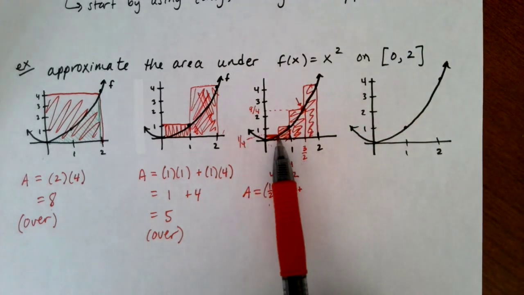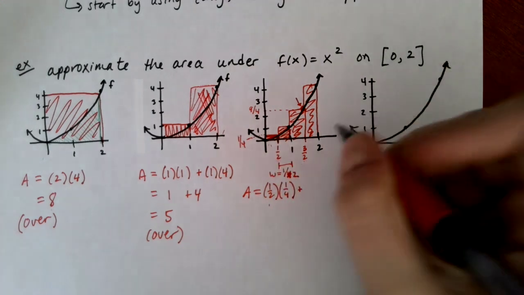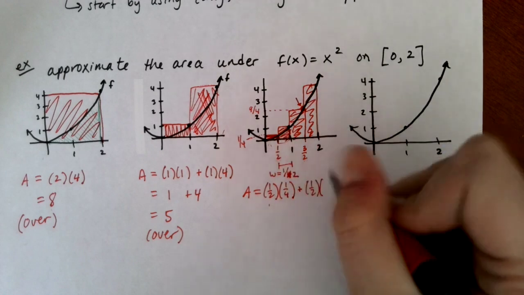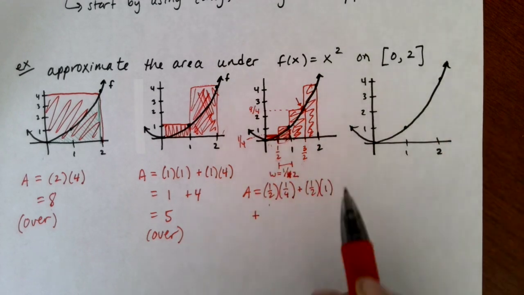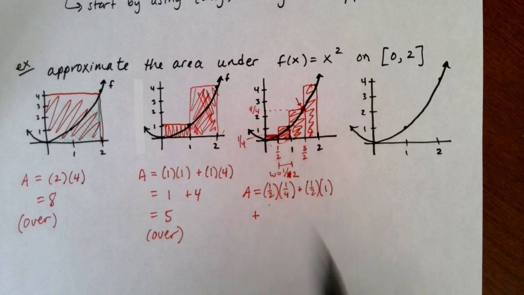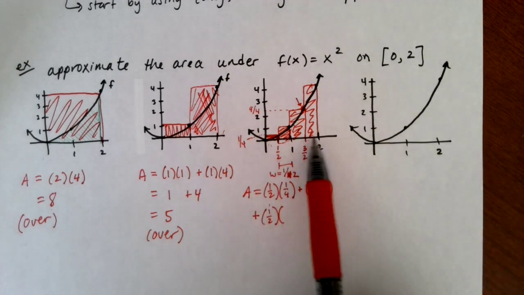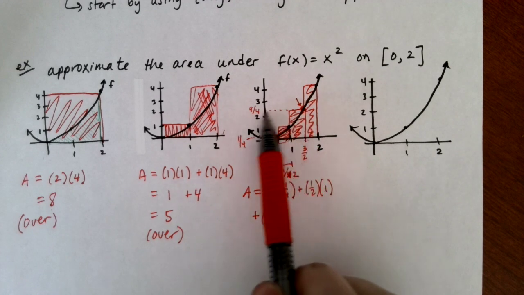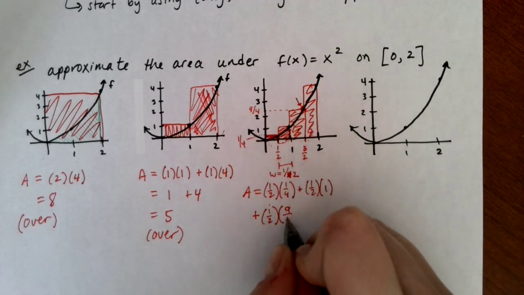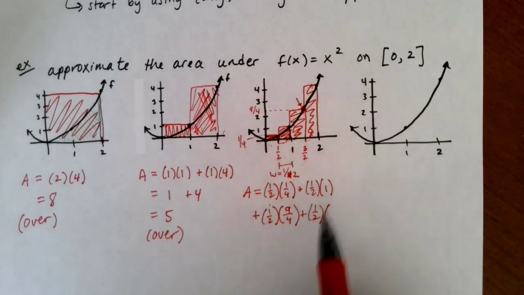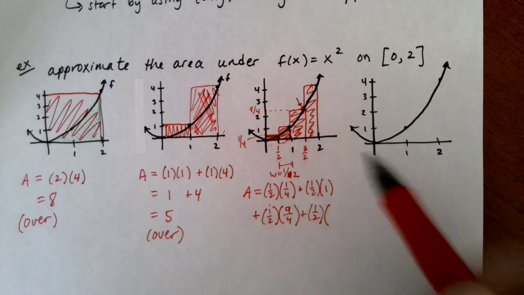The next rectangle here, again, has width 1/2, not 1/4, and its height is 1. The third rectangle, again, its width is 1/2. And its height, we said, was 3/2 squared, which is 9/4. And then finally, the last one, also with width 1/2, but its height is 2 squared, which is 4.